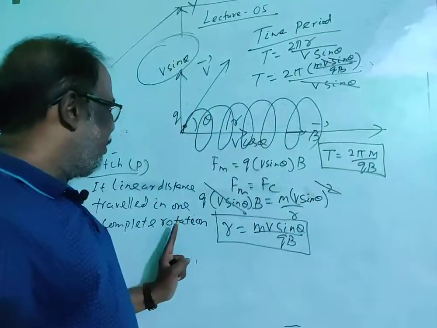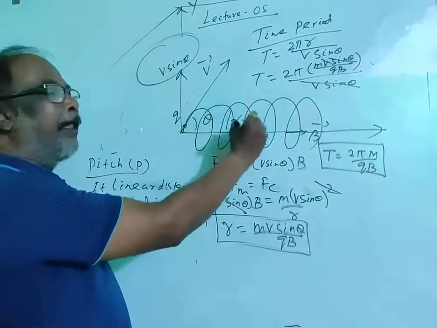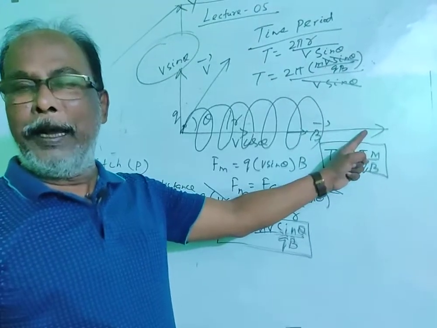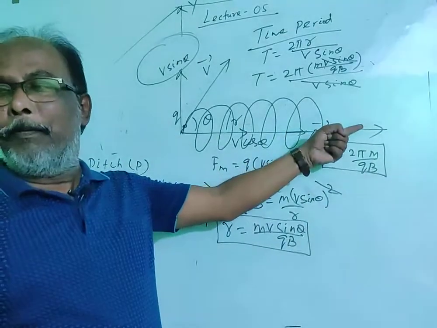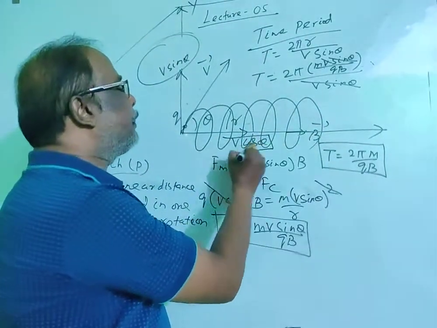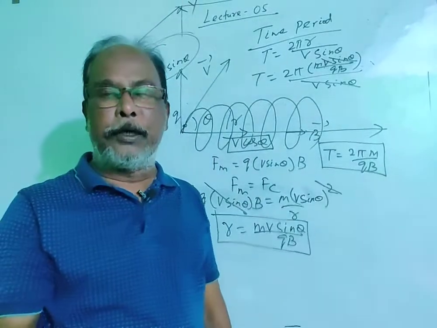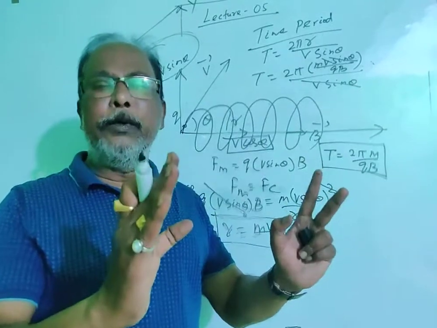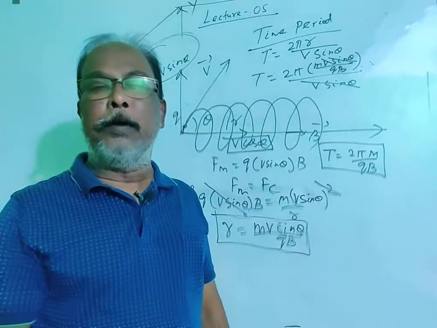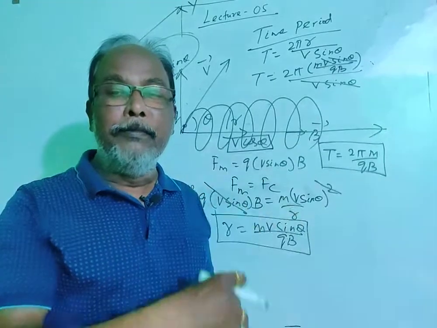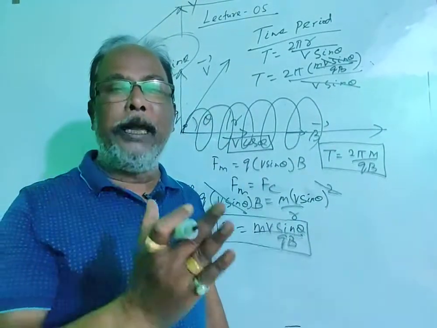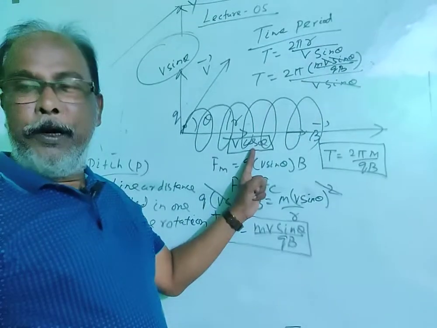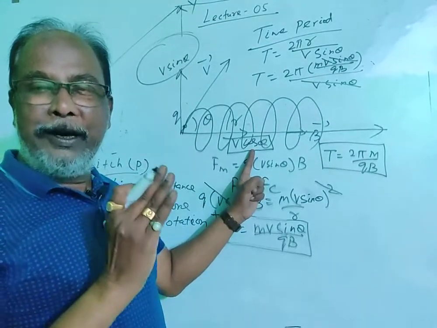See, the charged particle executes helical motion and linear motion along the direction of magnetic field, and along the direction of magnetic field, the component of velocity is v cos theta, which is constant, which is uniform. If speed is uniform, then linear distance is equal to speed into time. For linear motion, the component of velocity responsible is v cos theta.